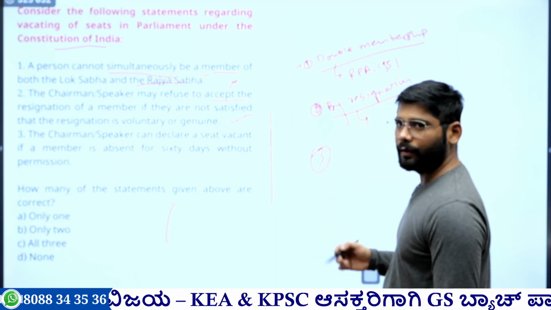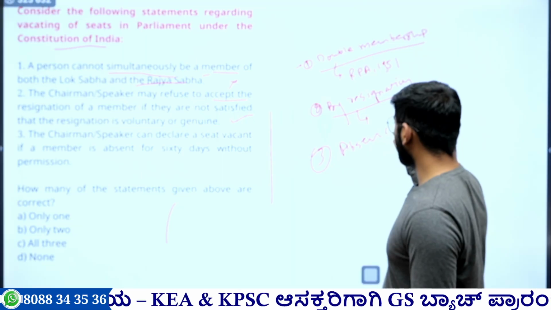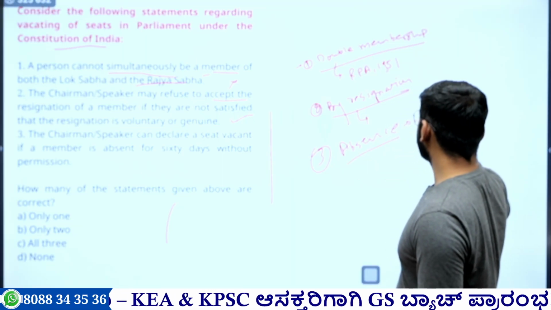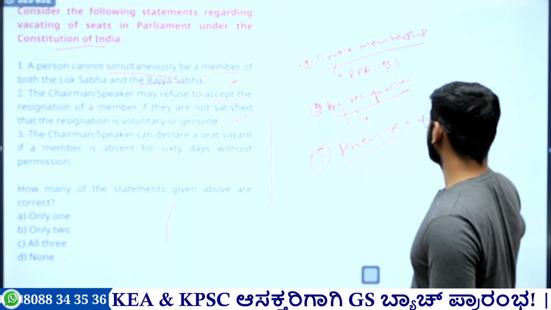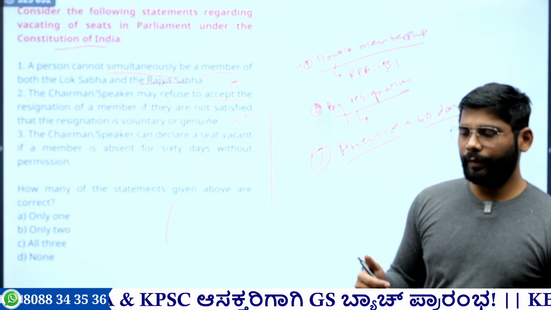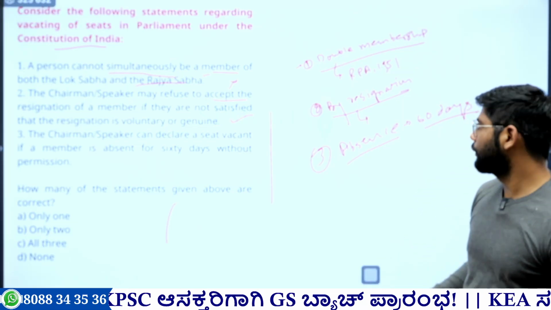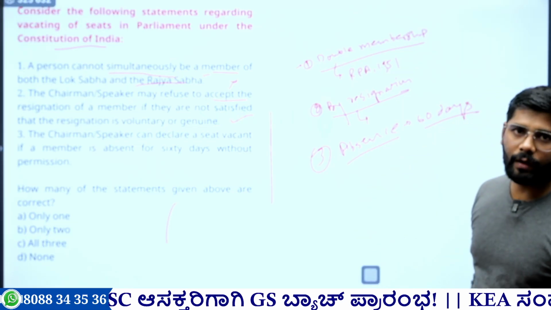The third aspect is about absence. If a person is absent for 60 days, and the 60 days is calculated after subtracting the time when the house is adjourned for more than 2 or 3 days. Okay, so these days will not be counted here.